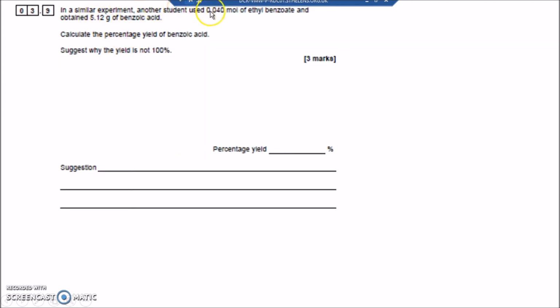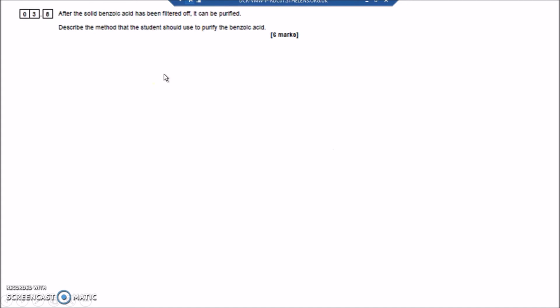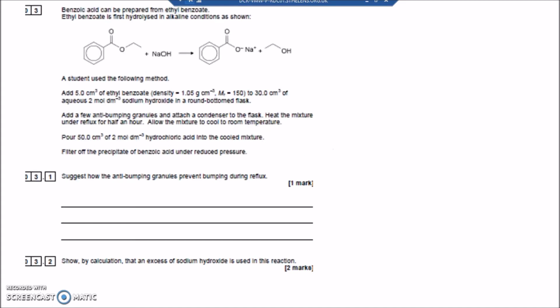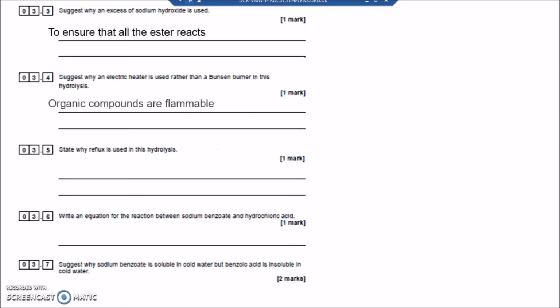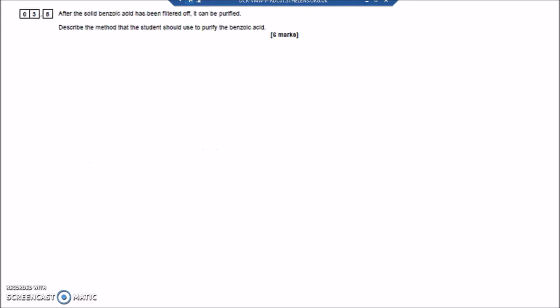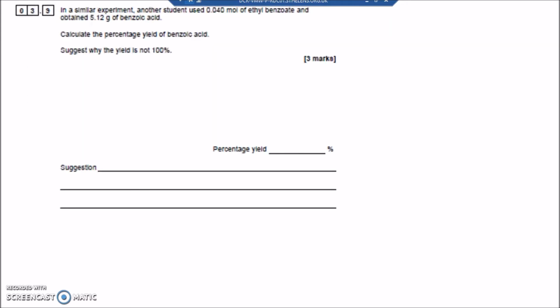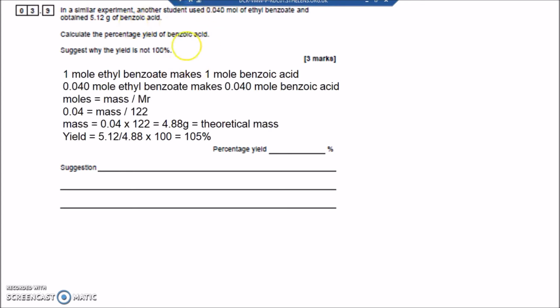In a similar experiment, another student used 0.04 mole of ethyl benzoate and obtained 5.12 grams of benzoic acid. So if I just flick back to the original bit of the question, 1 mole of ethyl benzoate makes 1 mole of benzoic acid, but I haven't got 1 mole of ethyl benzoate.